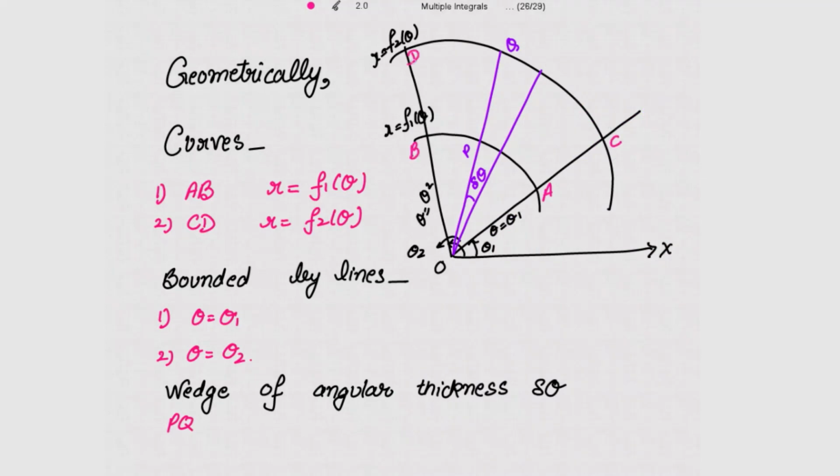So when we integrate with respect to theta, this strip PQ is rotated from AC to BD, right?